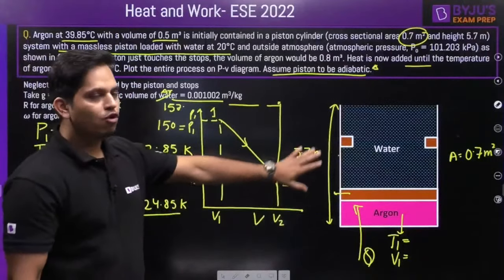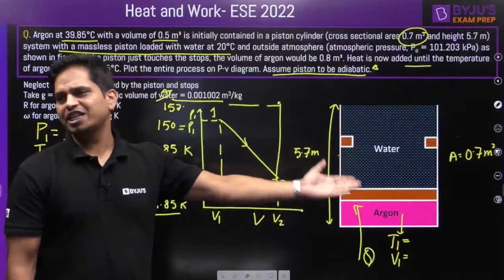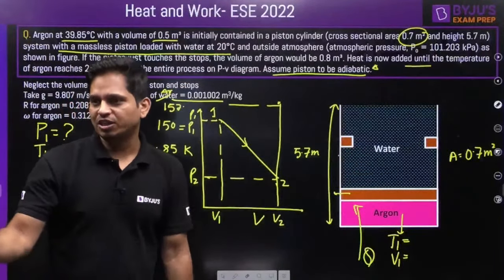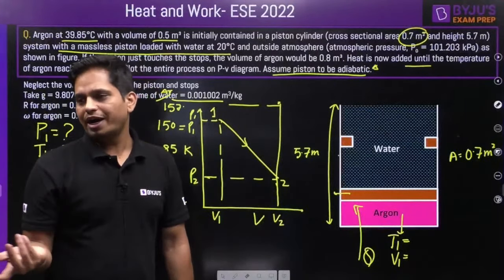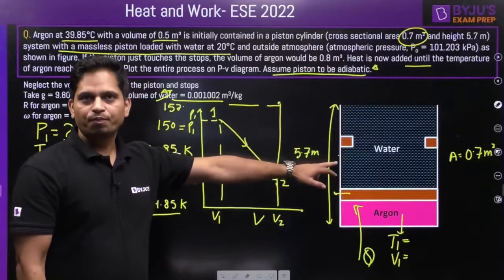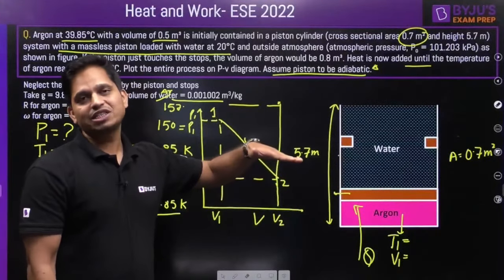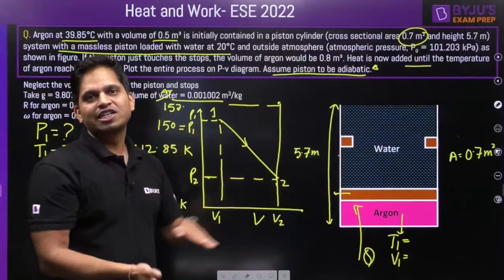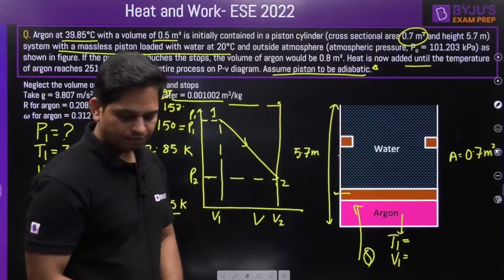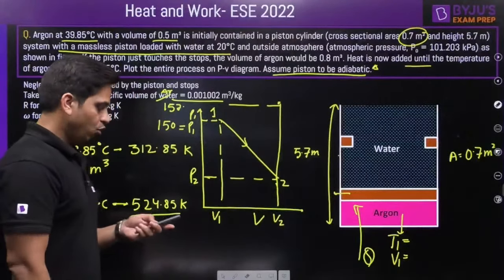If this water is not here, it could be exponential, it could be a rectangular hyperbola, I don't know. But this I know, if I have weights above the piston and you are very slowly removing weight, then the relationship is linear. I hope that is clear.